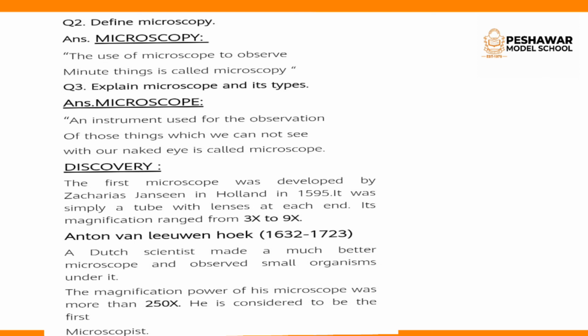The microscope which uses light to see objects clearly is called the light microscope, and the microscope which gives us a clear image with the help of electrons is known as the electron microscope.